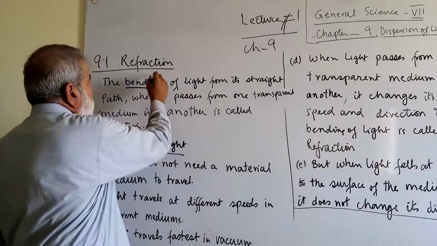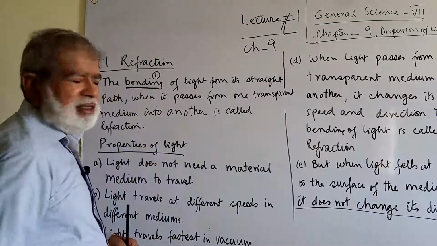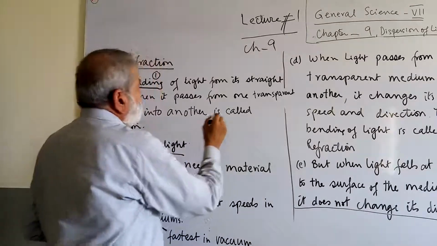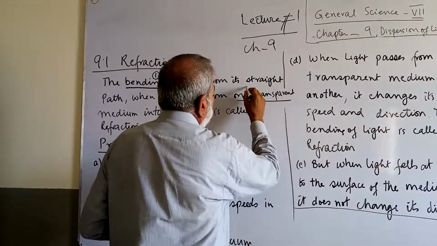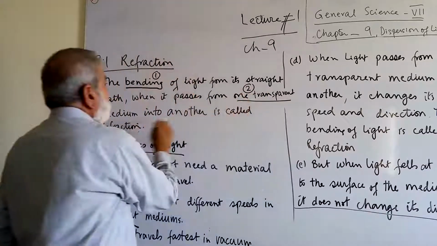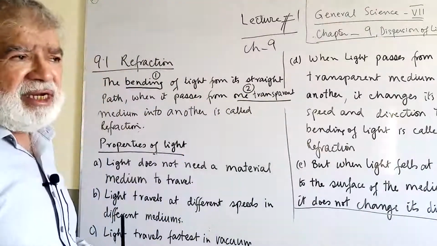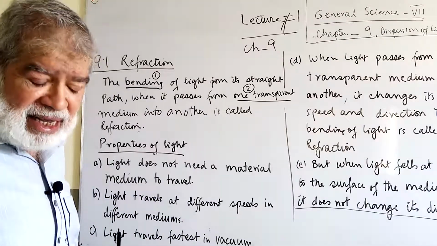This is the first point that you should have in your mind. Second is when it passes from one transparent medium into another. यानी ये दो बातें आपने ज़हन नशीन करनी है और हर डेफिनेशन में लिखनी है.